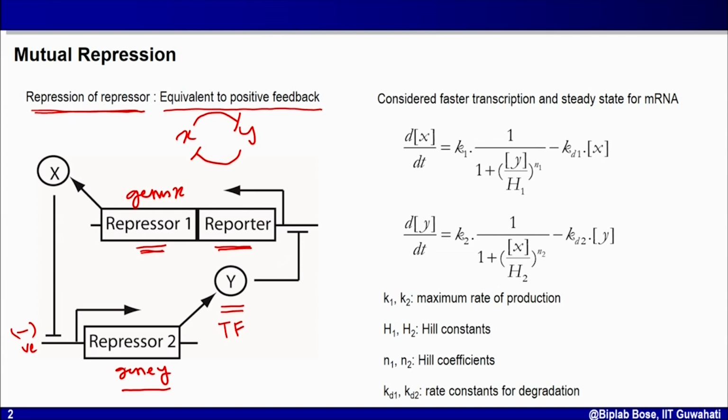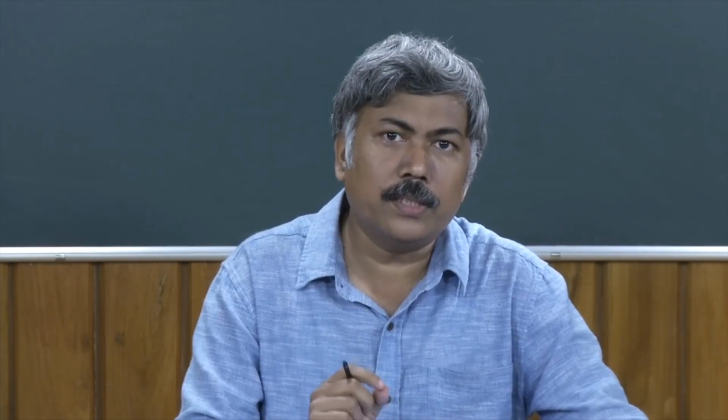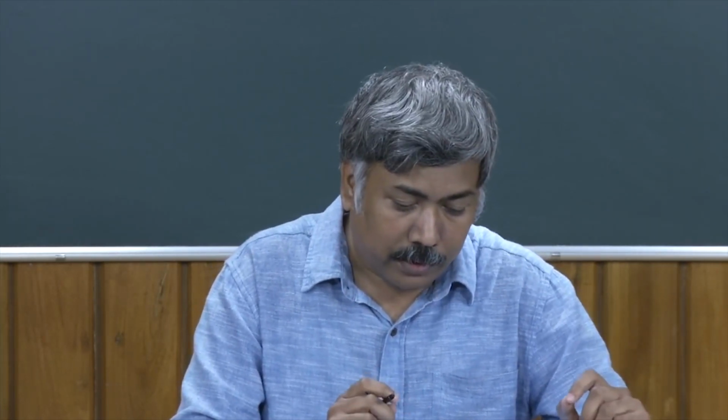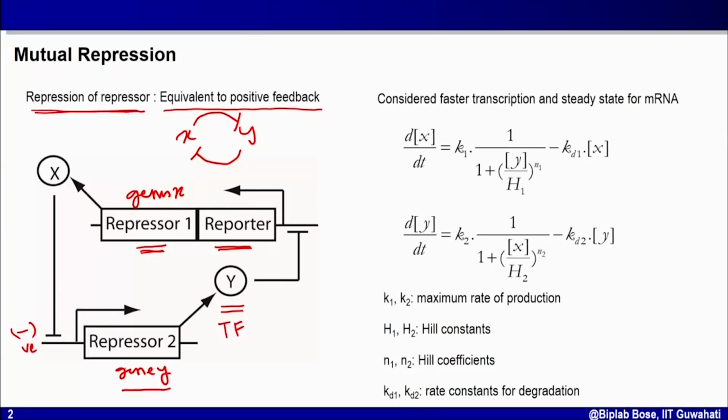So now we want to understand the dynamic behavior of this system, and we will create an ODE based model. And if you remember, we have to create the simplest ODE based model. One assumption that I will make here to simplify our model is that the transcription rate is very fast, and that's why the mRNA reaches steady state much before the protein can reach steady state.